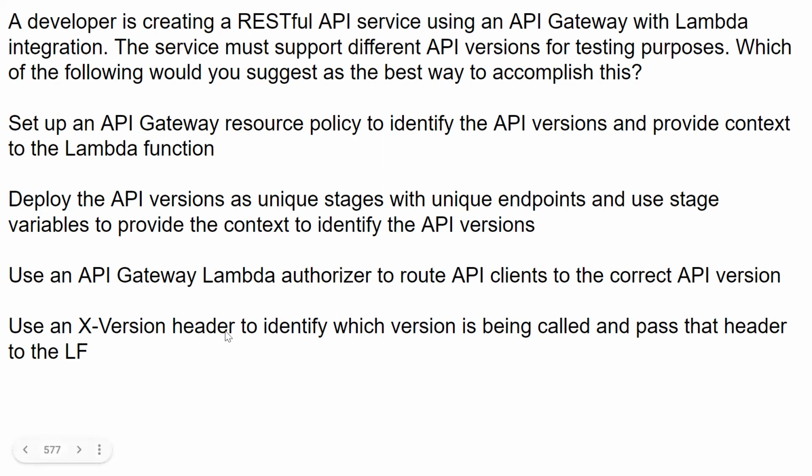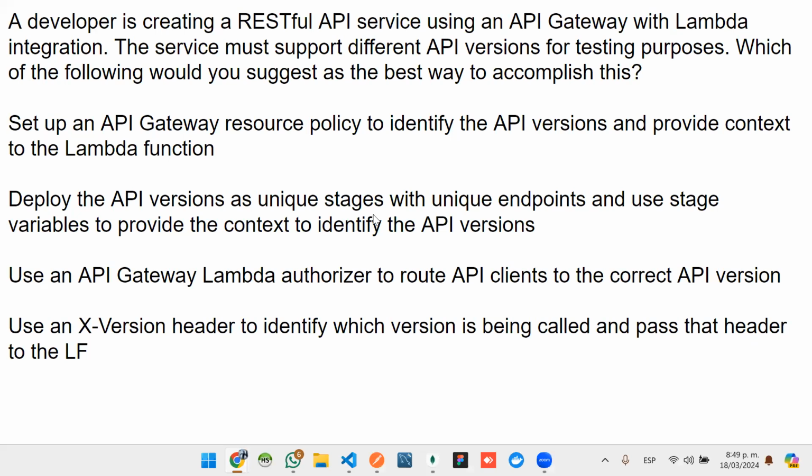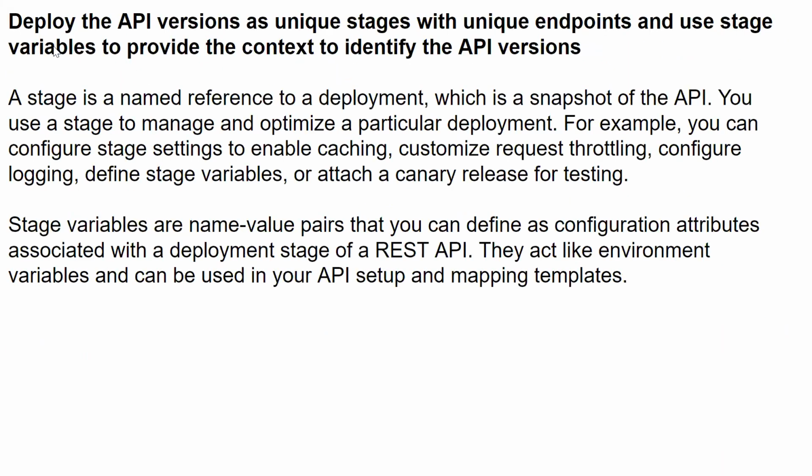Using an API gateway Lambda authorizer to route API clients to the correct API version. Use an X-Version header to identify which version is being called and pass that header to the Lambda function. The answer is: deploy the API versions as unique stages with unique endpoints and use stage variables to provide the context to identify the API versions.